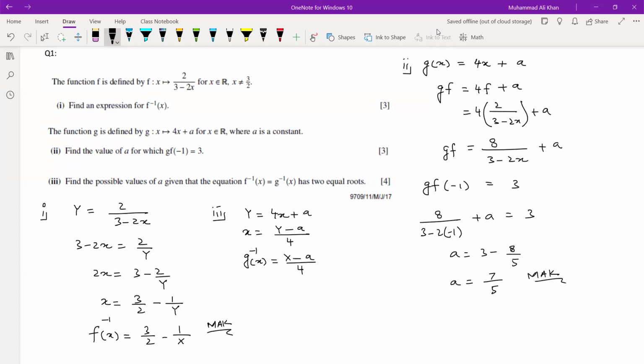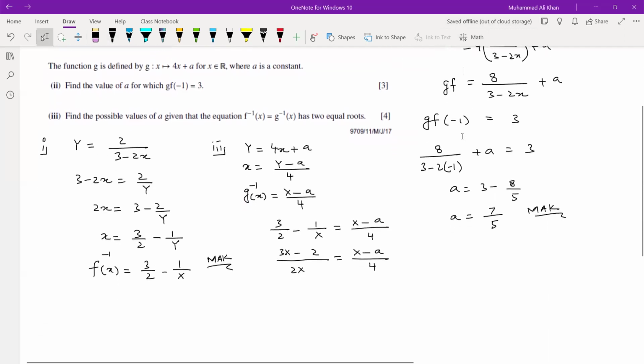And now, f inverse equal to g inverse means 3 over 2 minus 1 over x equals to x minus a over 4. By taking LCM on the left, 2x, it will be 3x minus 2 equals to x minus a over 4. Any confusion? Hopefully no.